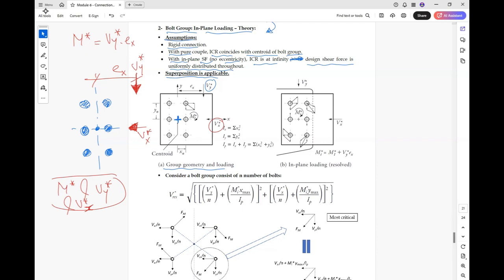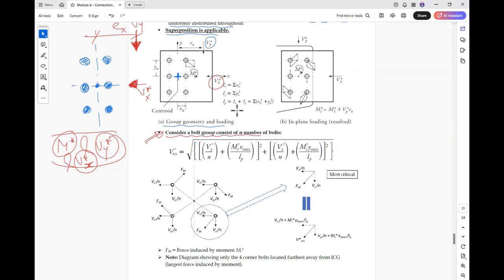So you need to distribute the moment, Vy and Vx on all of them. So you will have to use this formula here to find the resultant force.